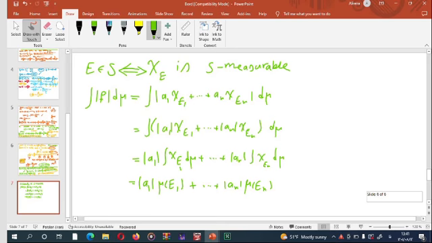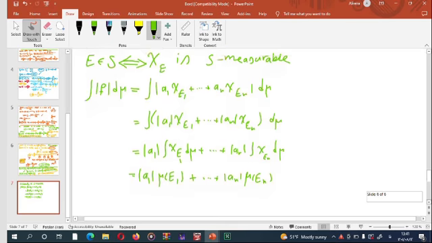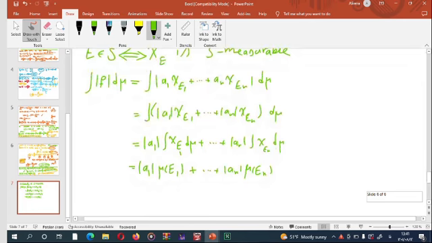So if mu of E1 up to mu of En is finite, then we see that this integral is finite because this integral equals this summation.